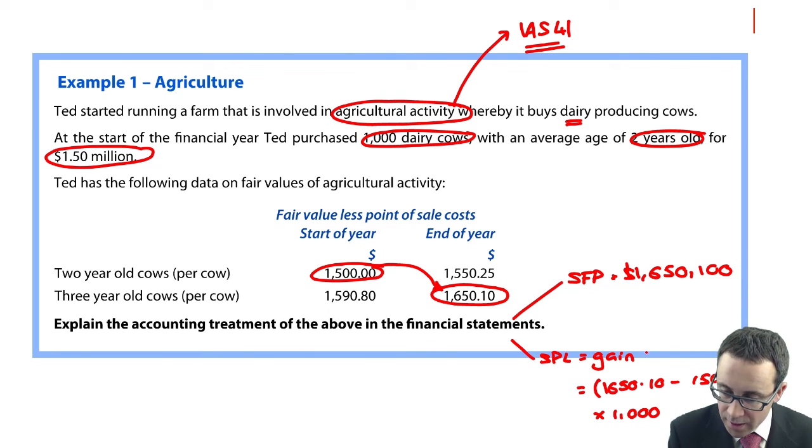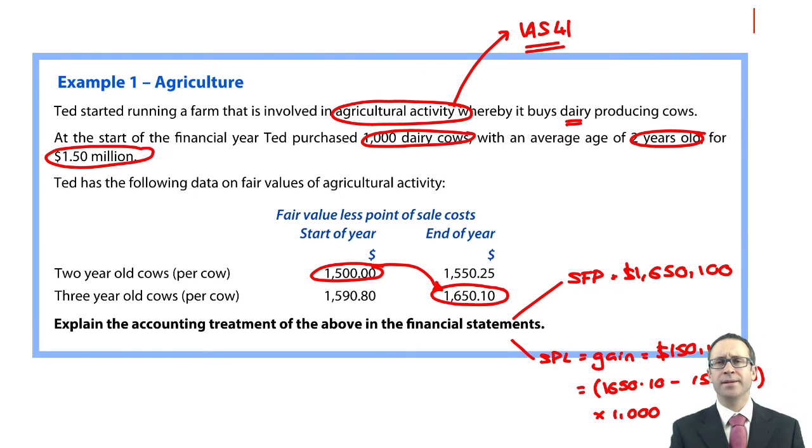And that gives me a gain of 150,100. Okay, that's it.